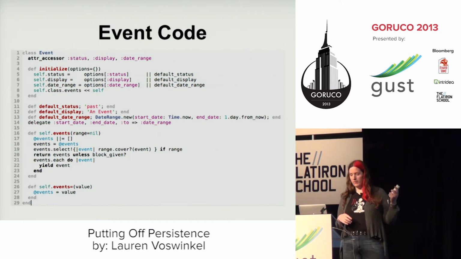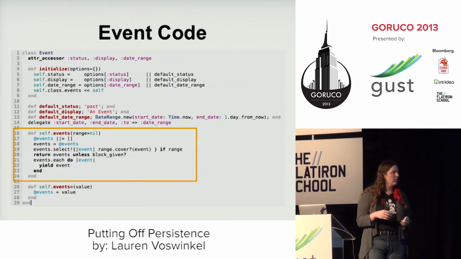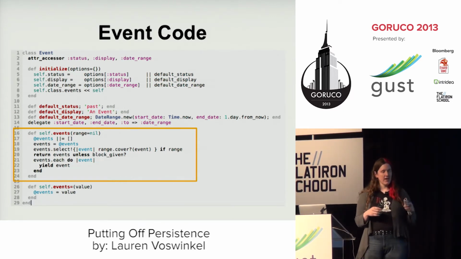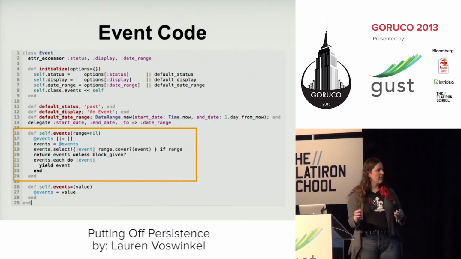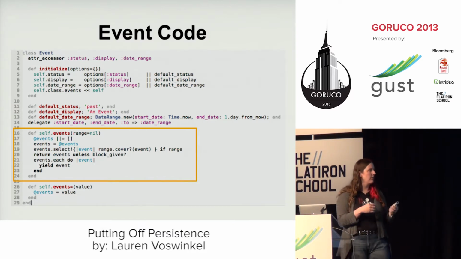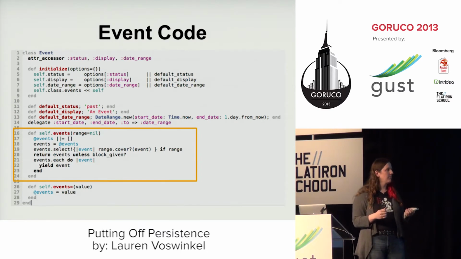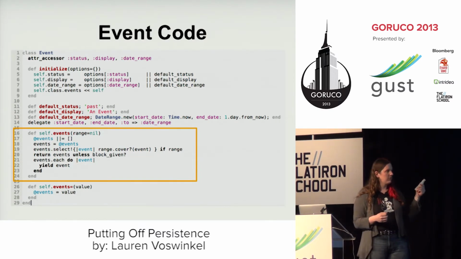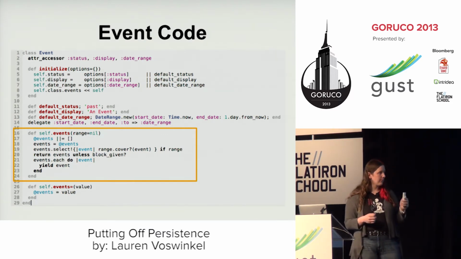The main points to be looking at are the self.events method, which all it's doing is instantiating an empty array if it doesn't exist. And if it does exist, then you just have that array. And if you don't give it any parameters, you just return that array. If you give it a parameter, in this case, a range, it will filter that using a select on the array.